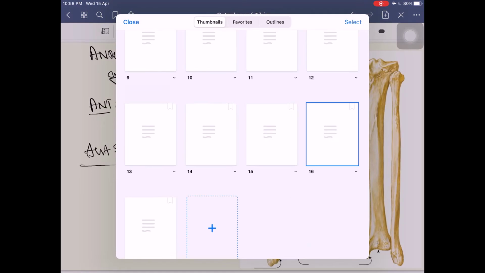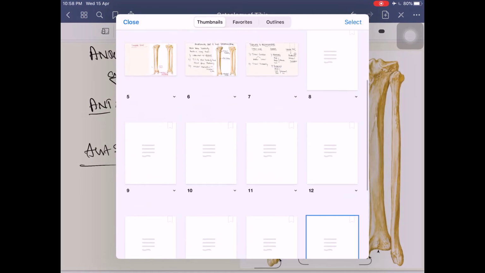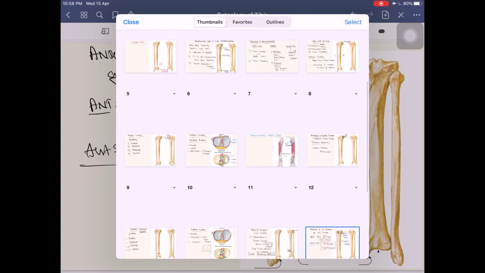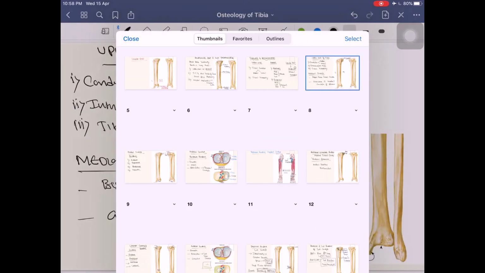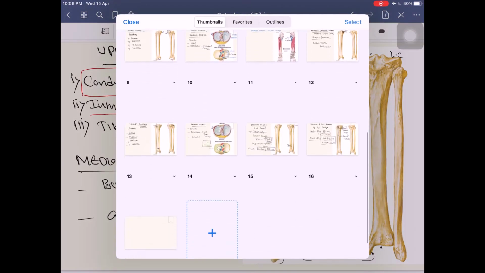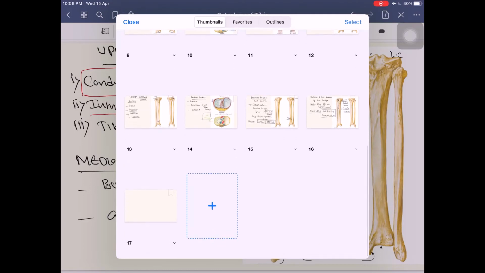Now we are doing the upper end. In the upper end, this is the upper end slide. We are done with the condyles, both medial and lateral. Now we'll go to the intercondylar area. So let us talk about the intercondylar area.